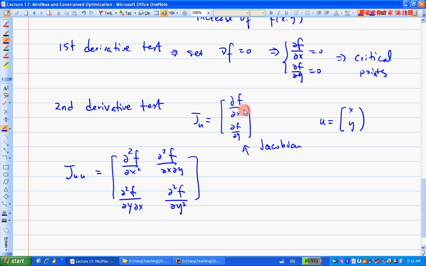See if that makes sense. You're taking the partial derivative of this with respect to x and y. The first term, take a partial derivative with respect to x, that becomes second order. Take a partial derivative with respect to y, and that's this one. So this is called a Hessian matrix.